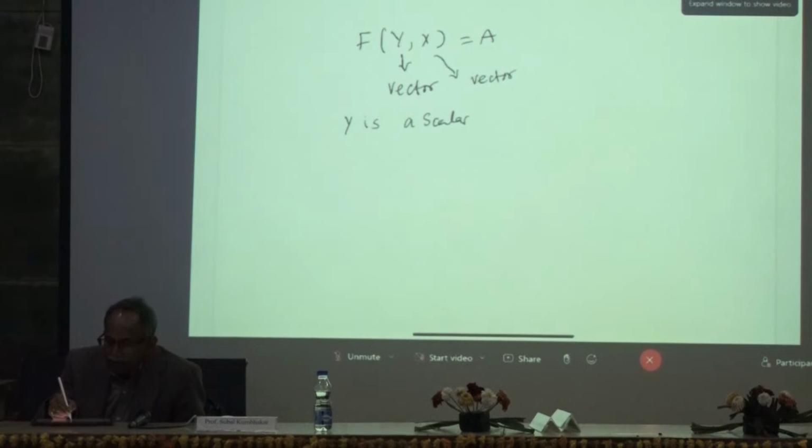Okay. So what happens if y is a scalar? Then from this production function, you can write simply y equal to something like this. But if you have multiple outputs, then you cannot do something like that. So we don't call this a production function, we call this a transformation function. Just a different name.